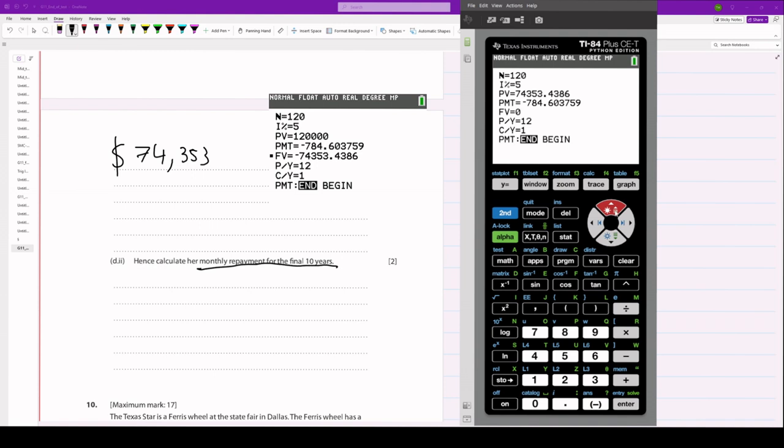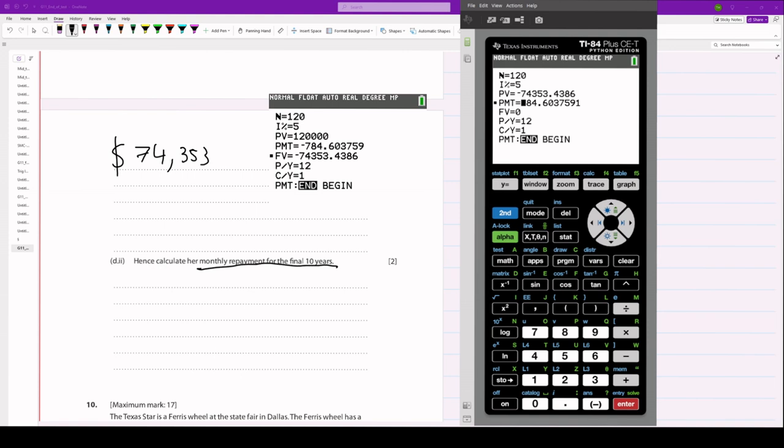Future value is going to be 0. I've got 120 months left to pay it off, so that's 10 years of 12 months. And I would now like to know what my payment each month is. Something has gone wrong. I found what went wrong.